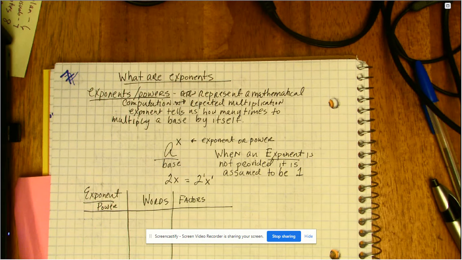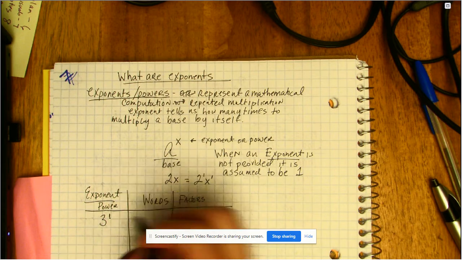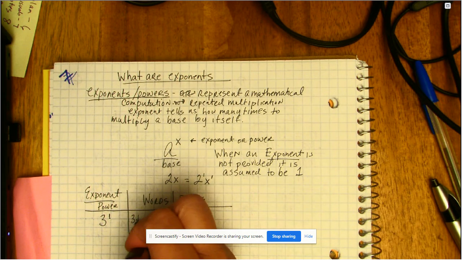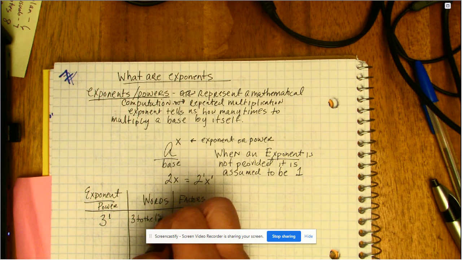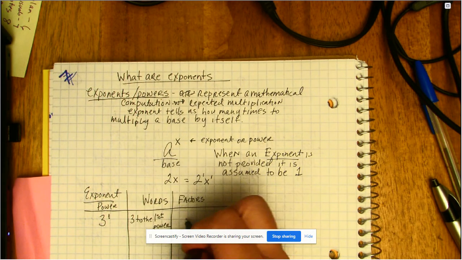Okay. Now, when we're representing exponents, essentially, it's another way to represent a standard number, right? Standard numbers 1, 2, 3, 4. So when we have 3 to the first, the words are 3 to the first power. Okay, and the factor is just 3.